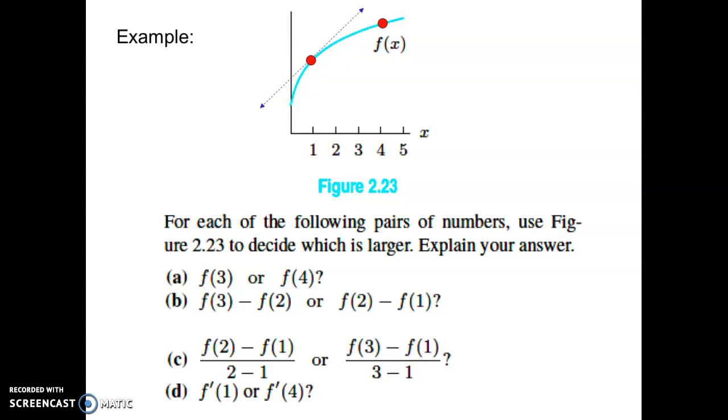This would be the tangent line to the curve at 1. This would be the tangent line to the curve at 4. Which one is steeper? Which one is bigger? Which has a greater positive value? F prime at 1 does. It has a steeper slope here than here.